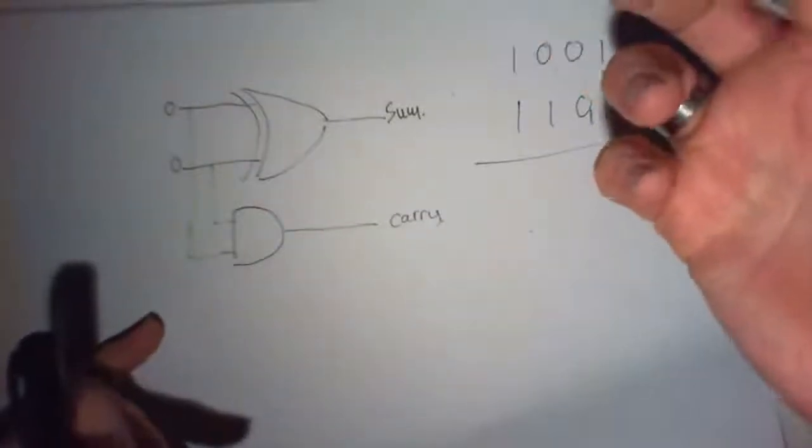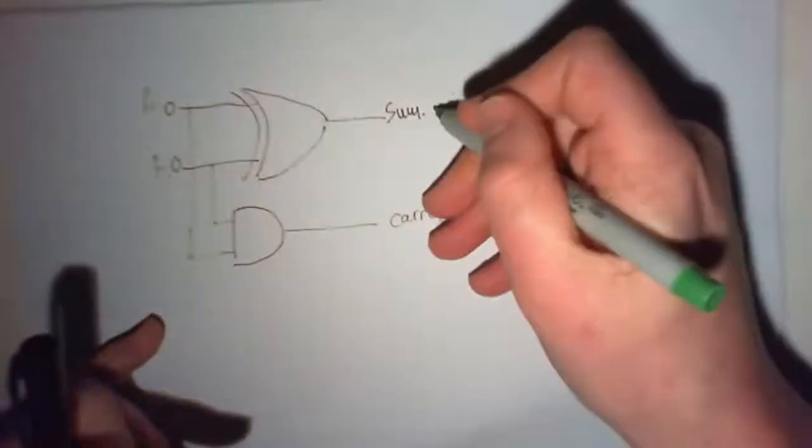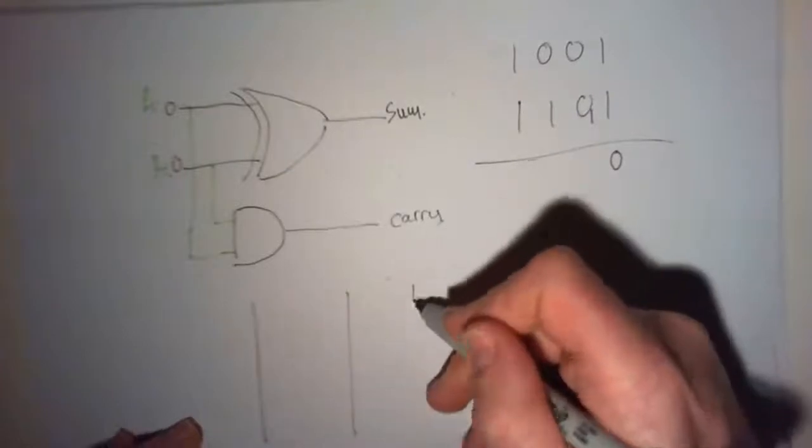So there's only 2 inputs, but there are 2 outputs. That's the beauty of this. So you have A and B, and then you have sum and carry. I'll just leave them as sum and carry.